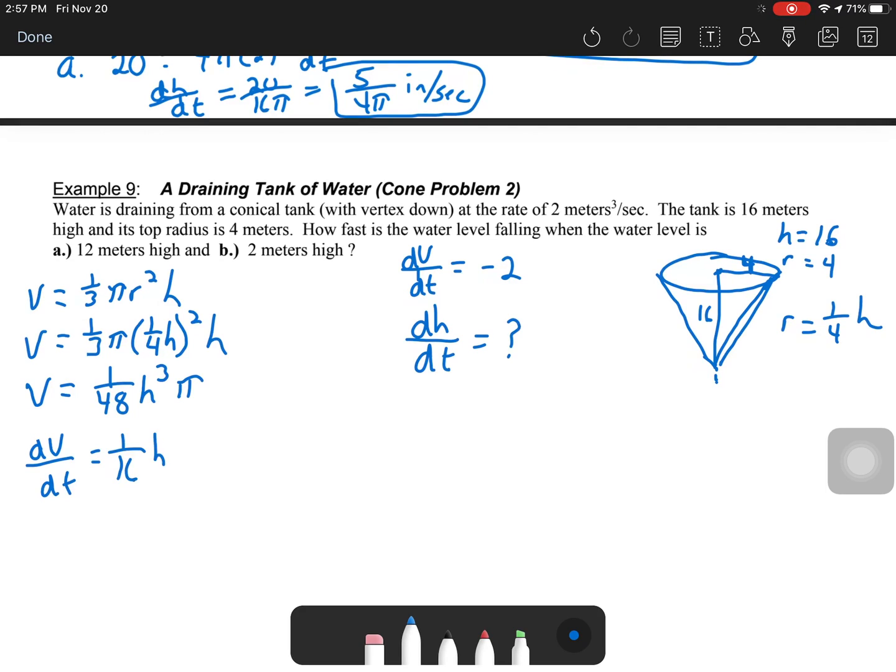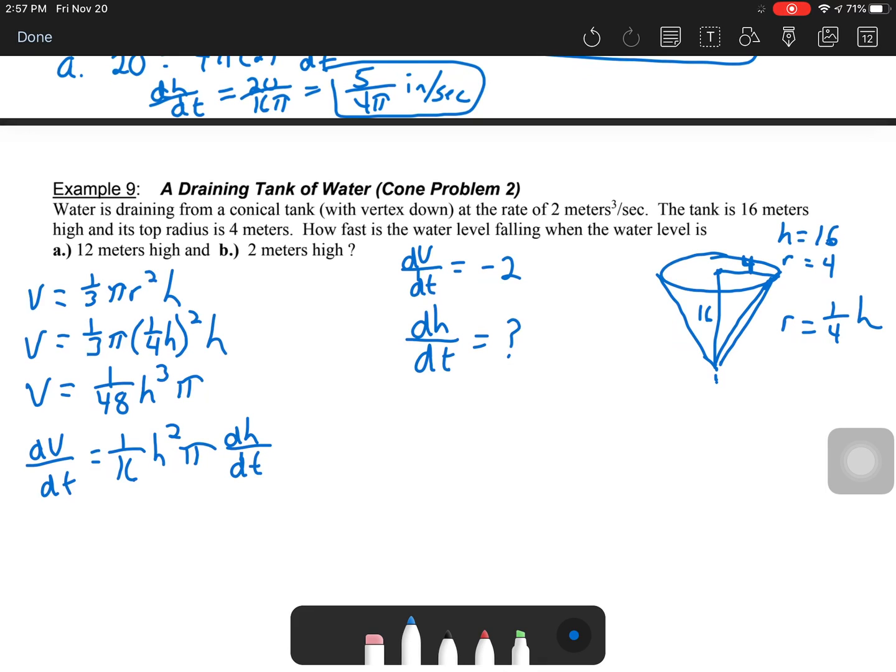So I'd have 1/16 pi h squared, and I'd have to put my dh/dt after that because that was my variable that I'm taking the derivative with. Okay, and so there's our derivative.